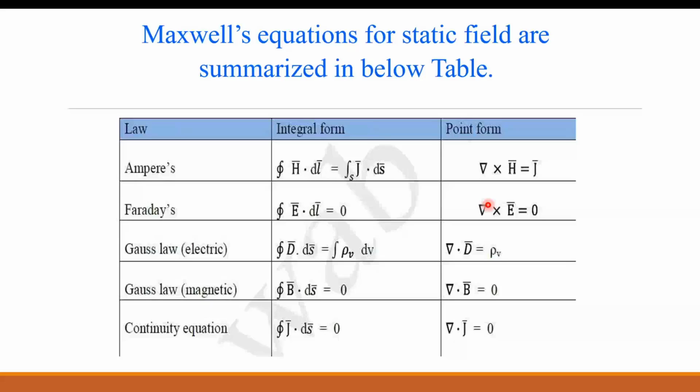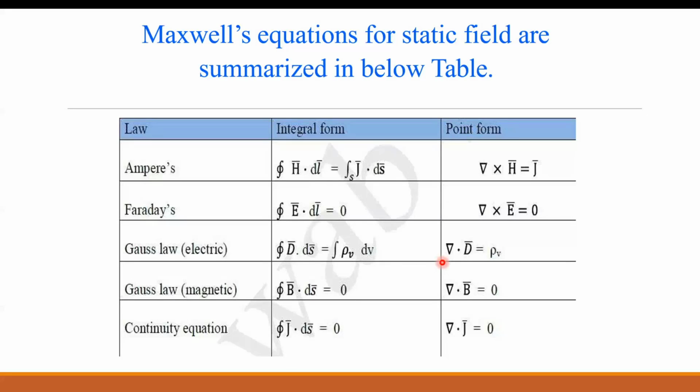Third, Gauss law for electric field, closed integration of D dot ds is equal to integration of rho v dv, and point form is del dot D bar is equal to rho v. Rho v is volume charge density in coulomb per meter cube.